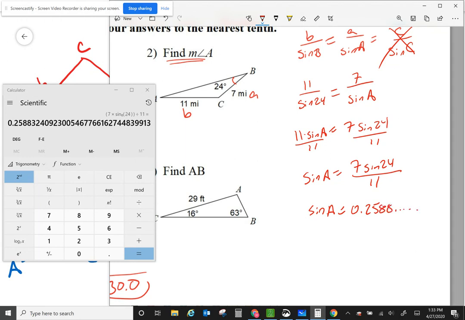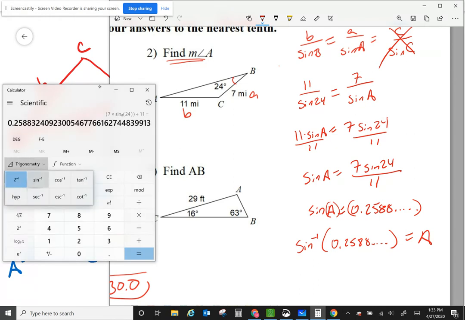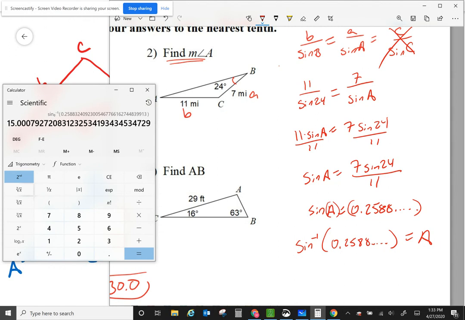Remember how I'm solving for angle A? In order for the angle and my decimal to switch places, I'm just going to say sine inverse of 0.2588 in that big decimal. That's going to be angle A. All right, so in my case, I have to press second, sine inverse.